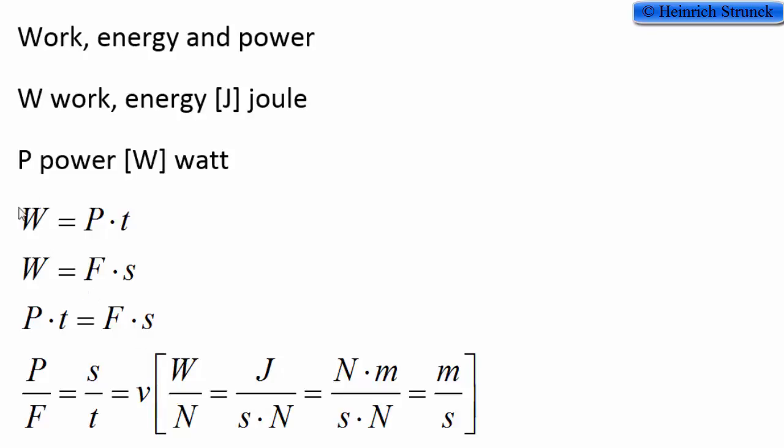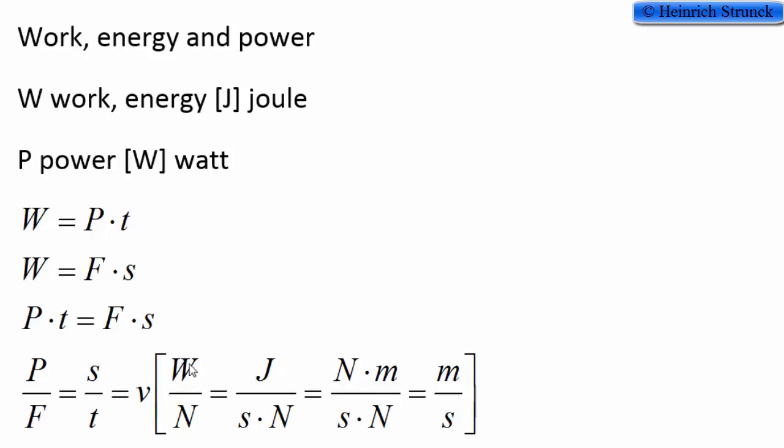The W over here is not the symbol for the unit, but the symbol for work or energy. So here we have the symbol and here we have the unit. It is very important to know whether W is the unit or the symbol.